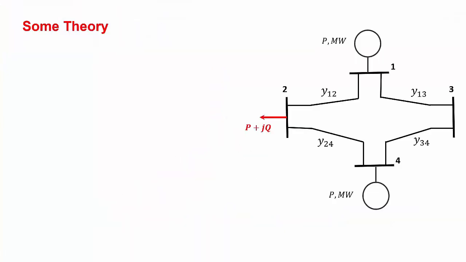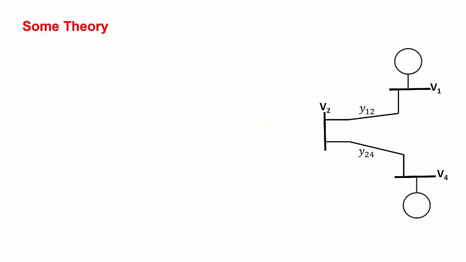Now we go to some theory. I'm considering a 4-bus network, bus 1, 2, 3, 4, with 2 generators and a load, it doesn't matter where now. To start the analysis, I'm just going to look at bus number 2 and calculate the current out of that bus.